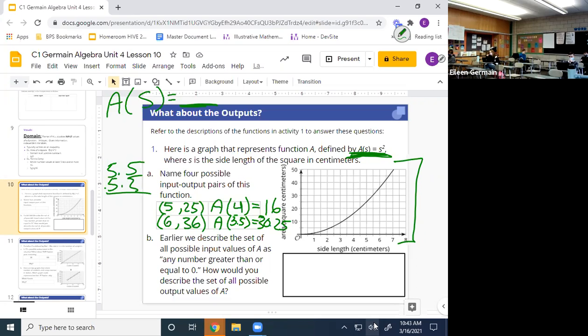Now, what are the set of all possible output values? How could we describe all of the possible output values, looking at this graph? If our inputs can never go on that side of my line, because they always need to be greater than 0, what do we know about our output values?